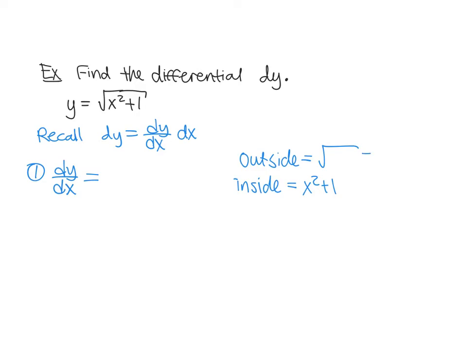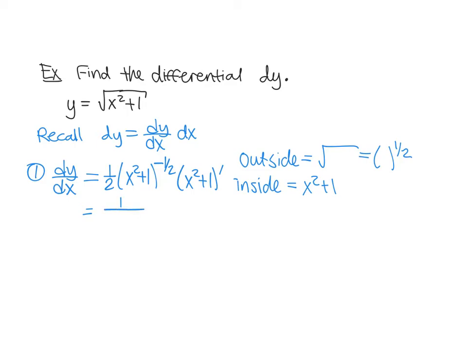So we have the square root, you can write it as that thing to the 1/2. The chain rule says you take the derivative of the outside. So we get 1/2, you keep the inside the same, and then we have that to the negative 1/2, and then times the derivative of the inside, so we get 1.